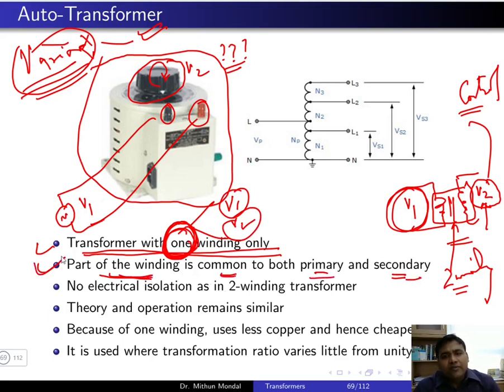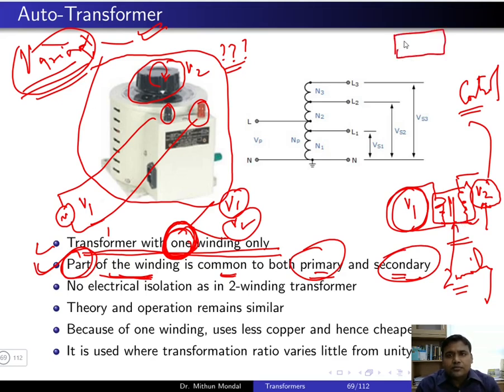When we see the architecture or the circuit of the auto transformer, you will understand how this part plays an important role to control both the primary circuit and the secondary circuit. Now, in a two winding transformer, there is electrical isolation. You have a core, and this is your primary winding and this is your secondary winding.